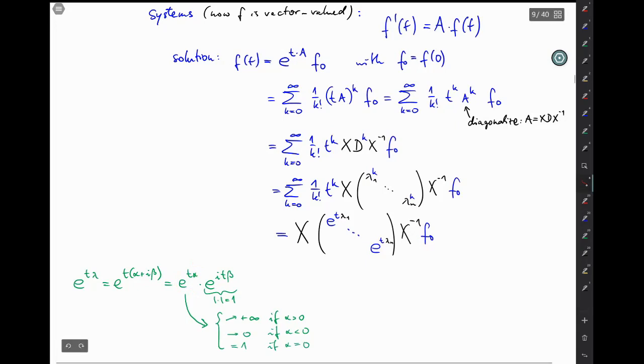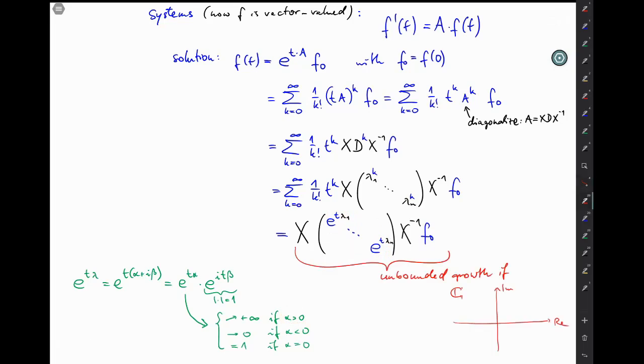So for the solution of our model, of our differential equation, we get that this grows unboundedly if one of these diagonal entries grows unboundedly, which means one of these eigenvalues has real part greater than 0. Or we could just say if the spectrum enters the right half plane.